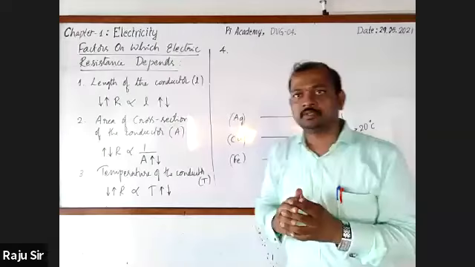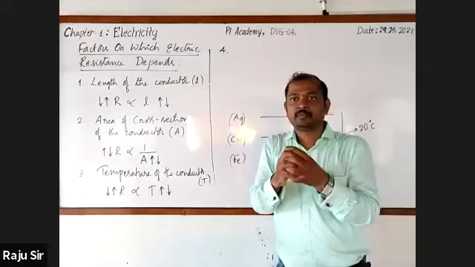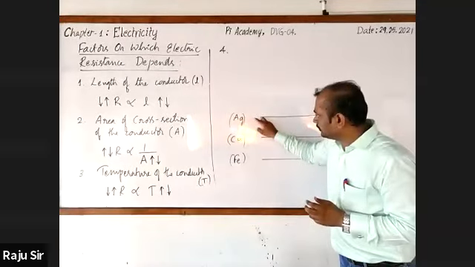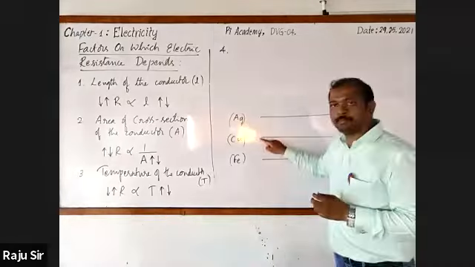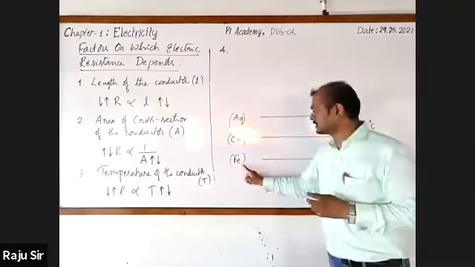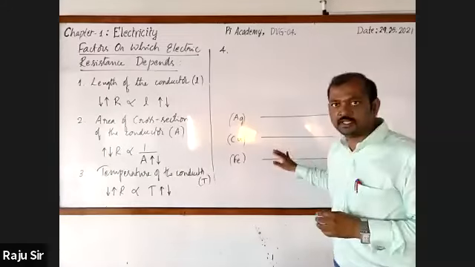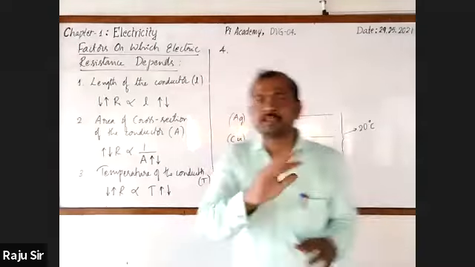So from this we can conclude that the atoms are loosely bound in silver, more than in copper, more than in iron, and they are packed very tightly in the case of iron. Do you accept these two statements? If so, in which of these three can electrons flow easily?